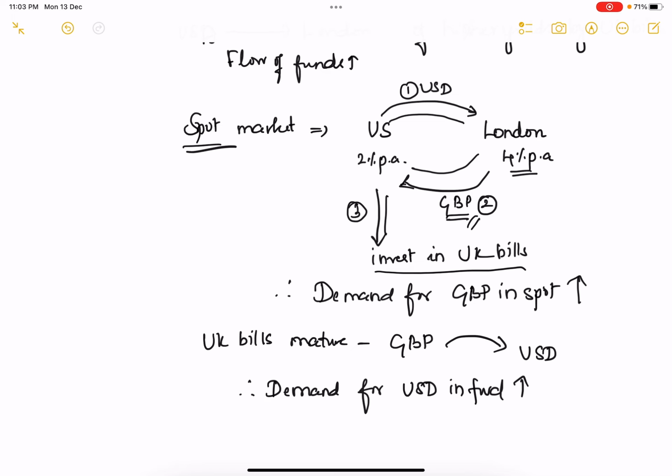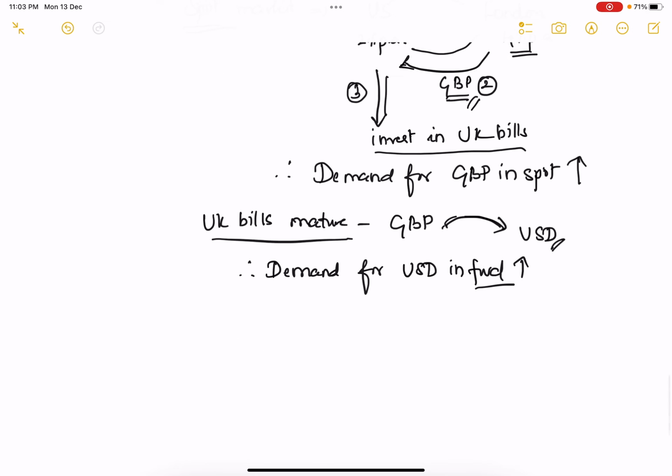Once the UK bills mature, GBP is immediately reconverted to USD, and therefore demand for USD is higher in the forward market. So this gain or sacrifice maybe is adjusted in the forward rate of currency, either premium or discount. So therefore there is a no profit, no loss situation.